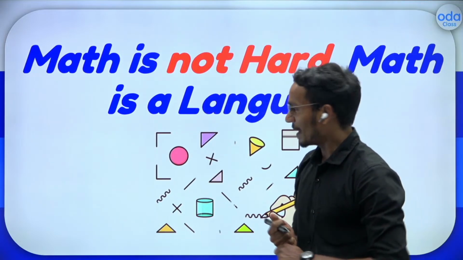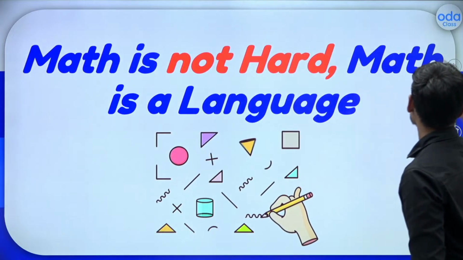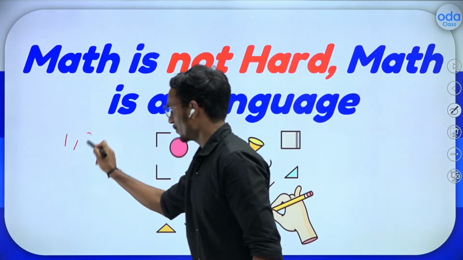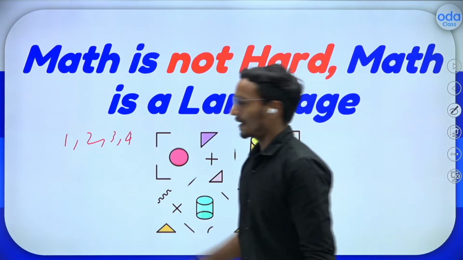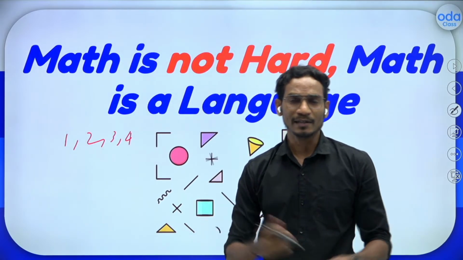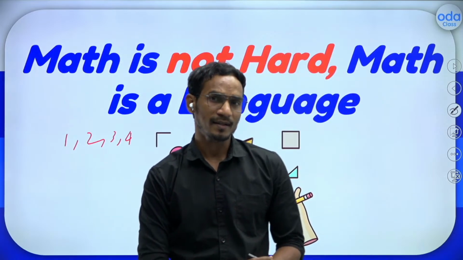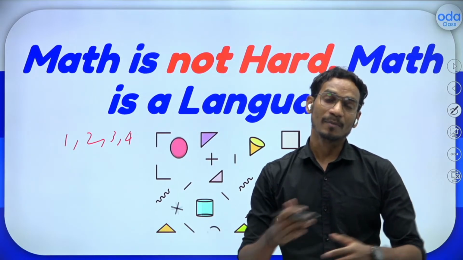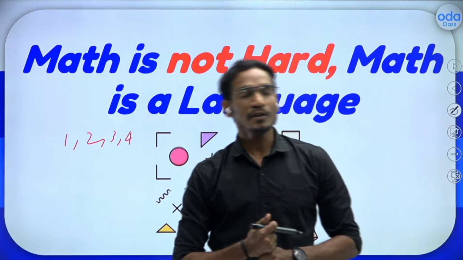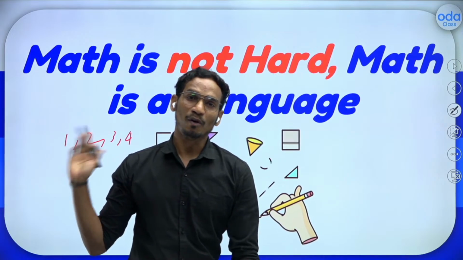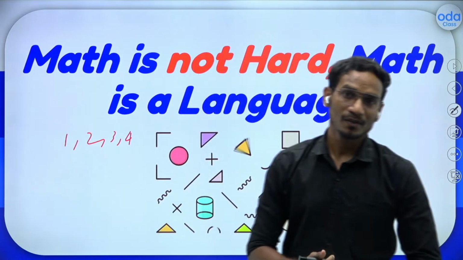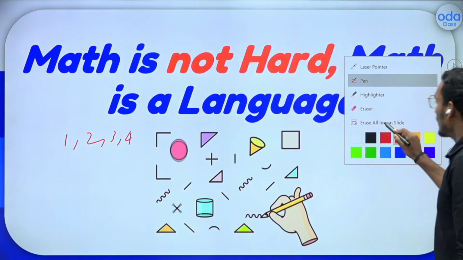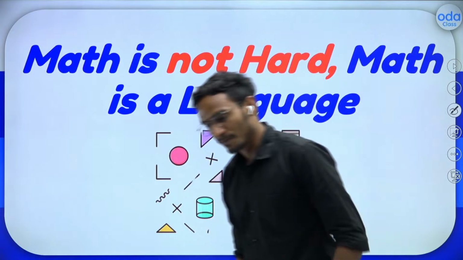For example, constants and variables, correct? You study constants 1, 2, 3, 4, 5, then you study variables, then expressions and equations, and then addition and subtraction of those expressions. But you have been doing this from a very early stage. Let me give you an example so that you completely believe that maths is a language.